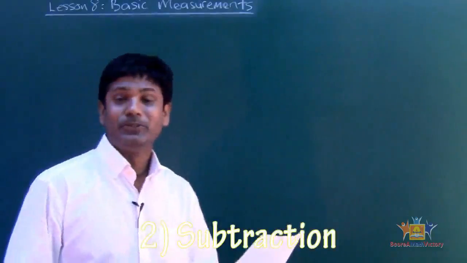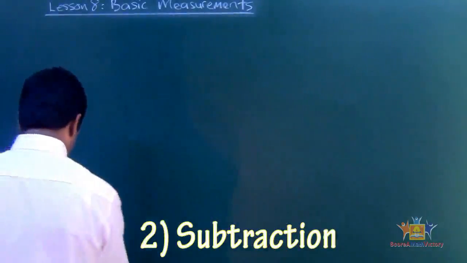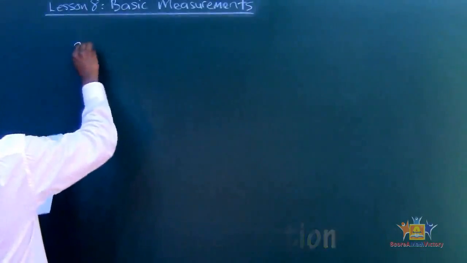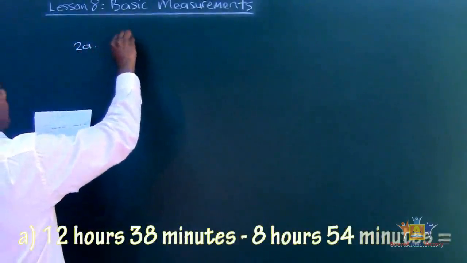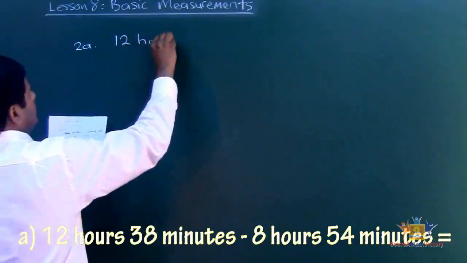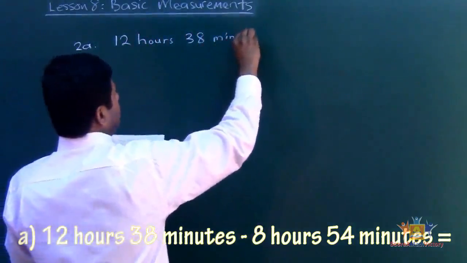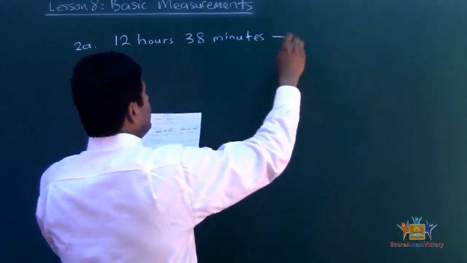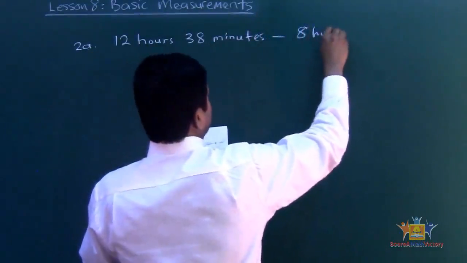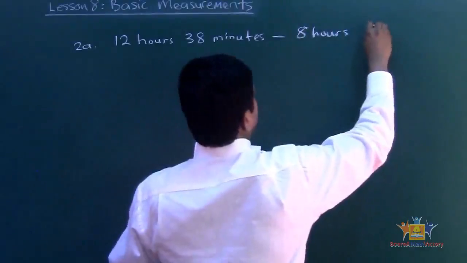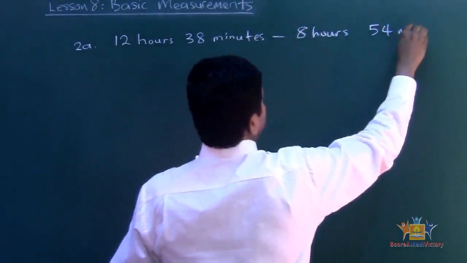Alright, problem number 2, subtraction. Okay, we're given 2a, 12 hours, 38 minutes minus 8 hours, 54 minutes.